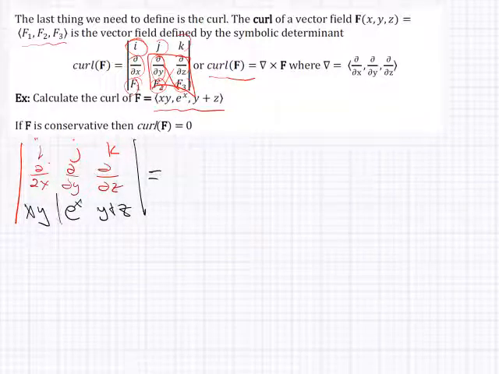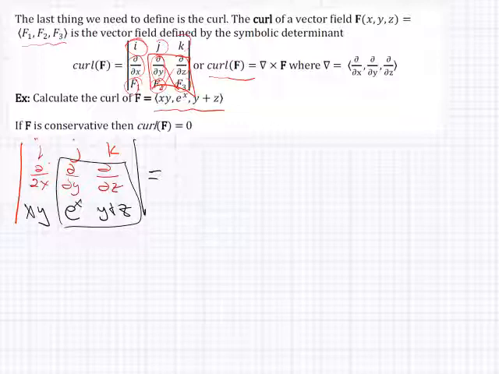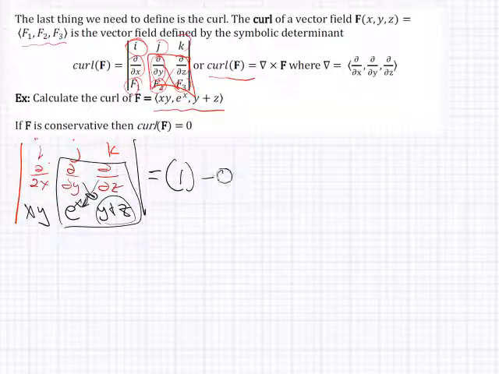And so if we do the first set, we do the partial of this with respect to y, which will give me 1, minus partial of this with respect to z, which would give me 0. So that's the first one, that's your i.